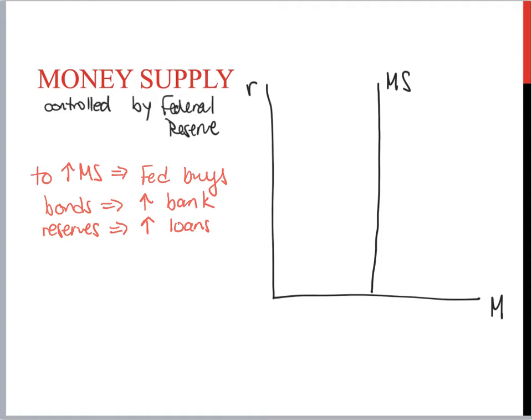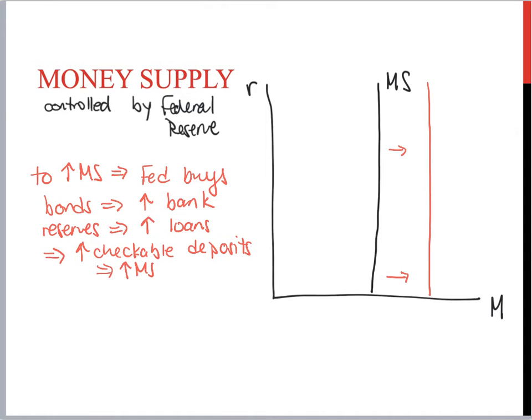And when banks are making more loans, that is going to increase checkable deposits, which increases the money supply. Which is a shift to the right of that money supply curve.